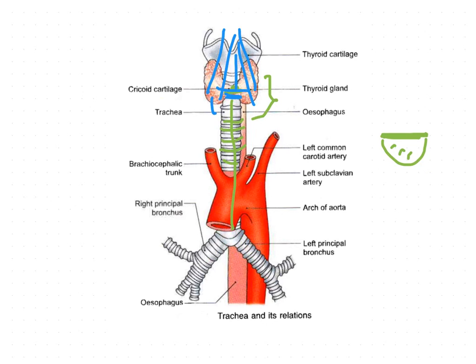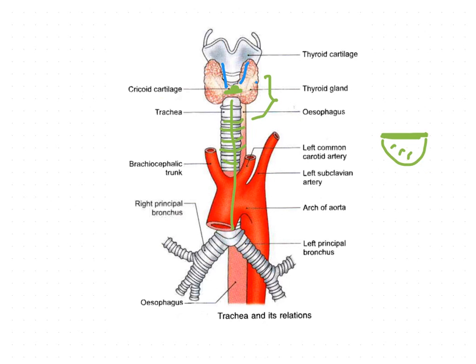Okay, and coming to the posterior aspect of the cervical part of the trachea, it is related to the esophagus and the recurrent laryngeal nerves, which ascend in the groove between the sides of the trachea and esophagus. And laterally you can very clearly see the medial surfaces of the lateral lobes of the thyroid.